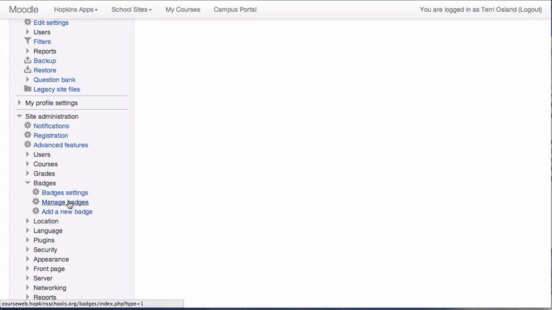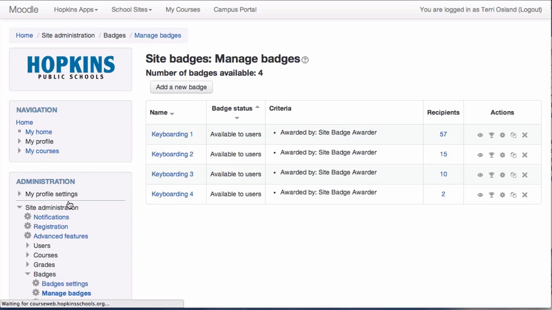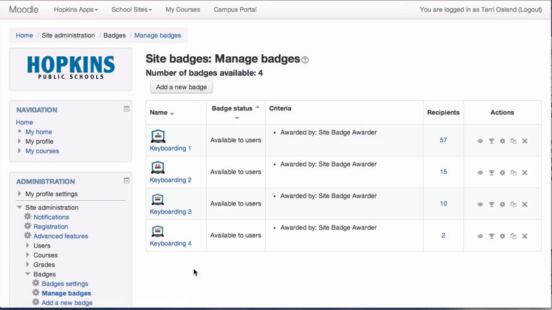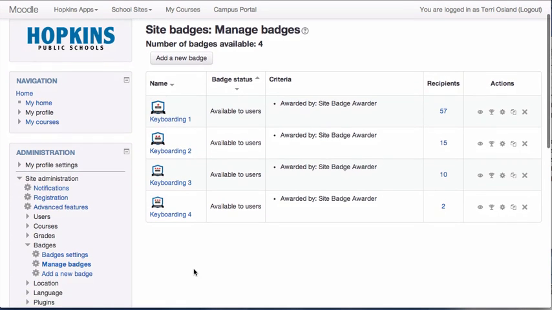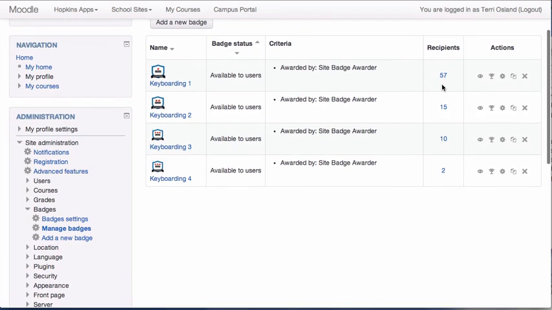I'm going to go to Manage Badges on my home page, and we developed these 4 keyboarding badges. You can see right now that 57 people between those two schools have earned the first level, but if you go all the way up to level 4, only 2 individuals have earned that.